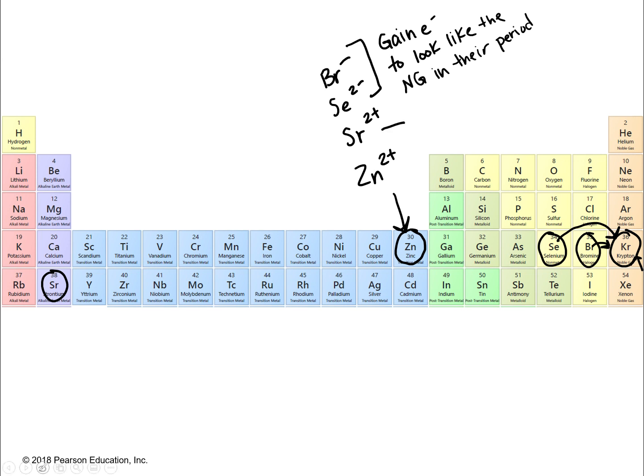Strontium, however, and I'll do that in a different color. Strontium is a metal, so it's going to lose electrons. That's how it forms its ion. And it's going to look like the noble gas in the previous period.